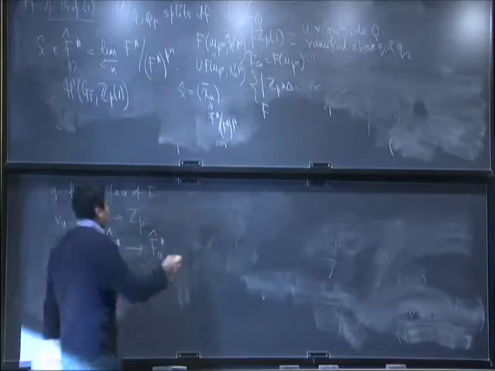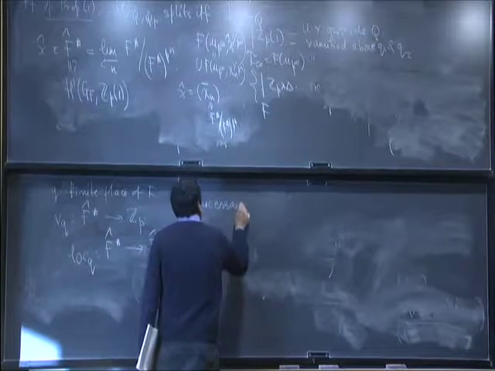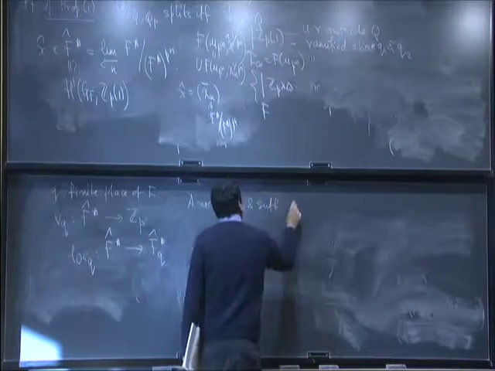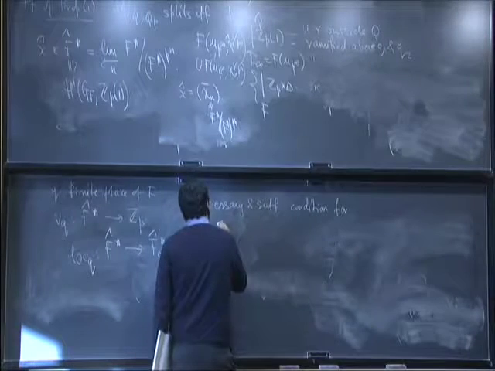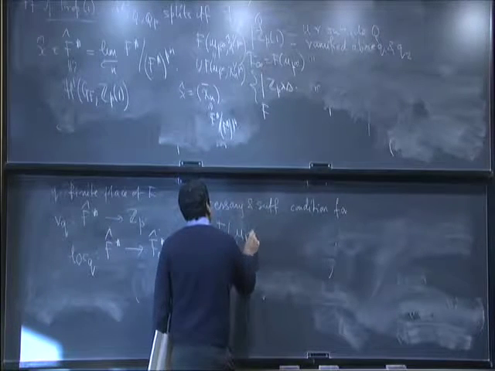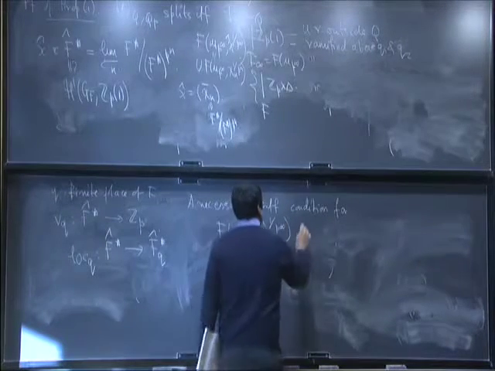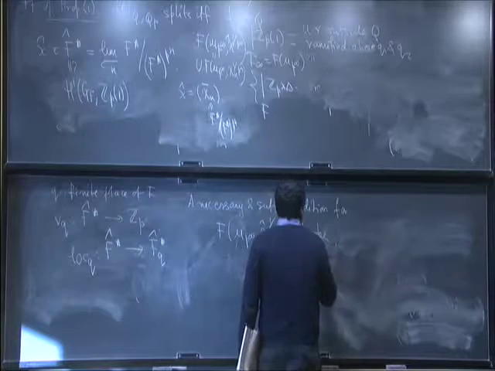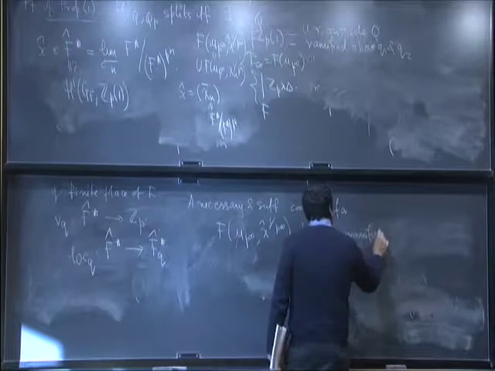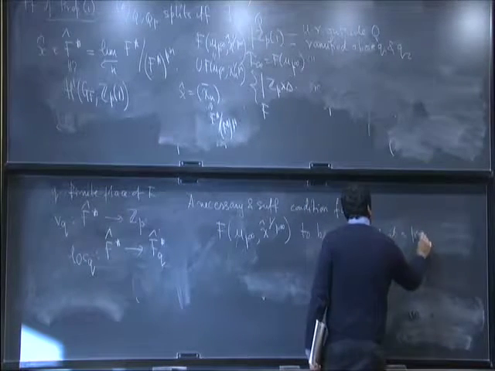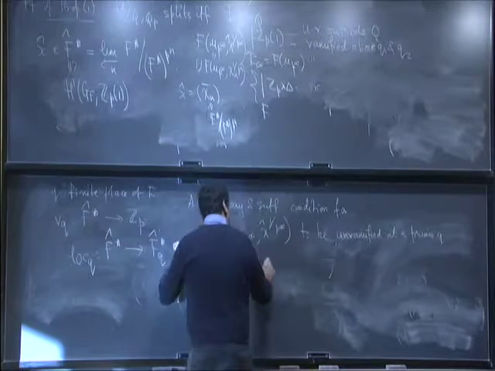Then the necessary and sufficient condition for F(μ_{p^∞}, x hat^{1/p^∞}) to have these properties, to be unramified at a prime, is that the localization map should send x hat to a torsion element.